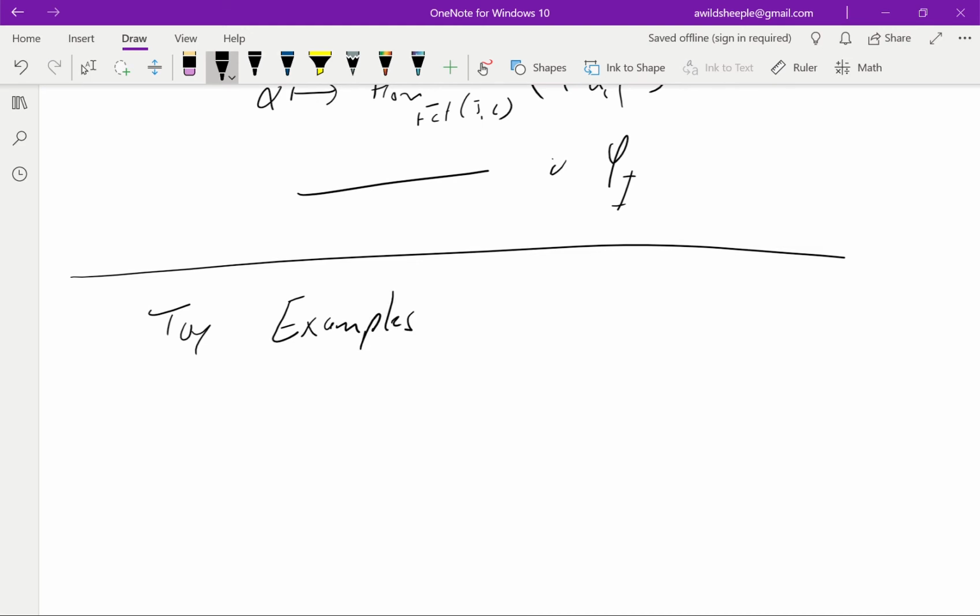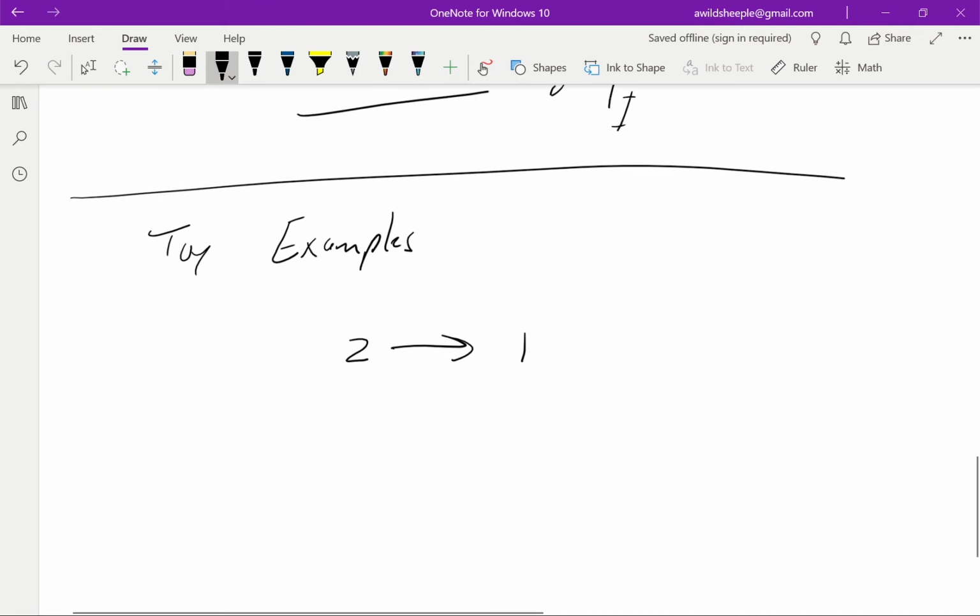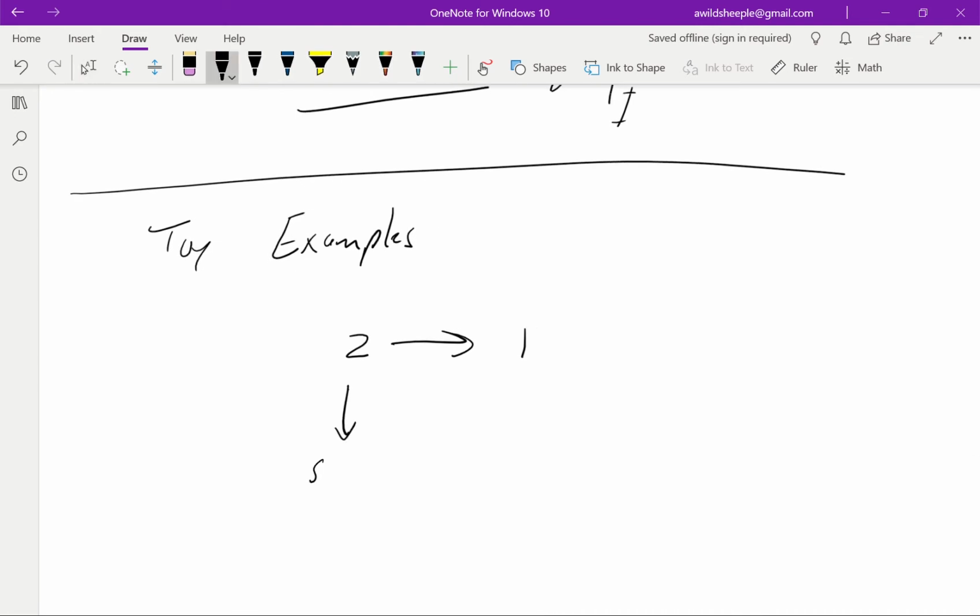For the first toy example, I want to look at probably the simplest possible functor that I can think of for indexing sets. Let's take the functor from 2 to 1. This is just a constant functor. And then let's send 2 to Set. I didn't say what exactly the category 2 is.